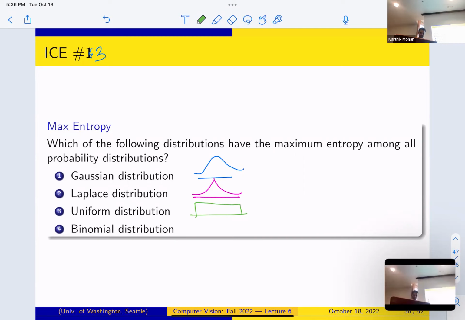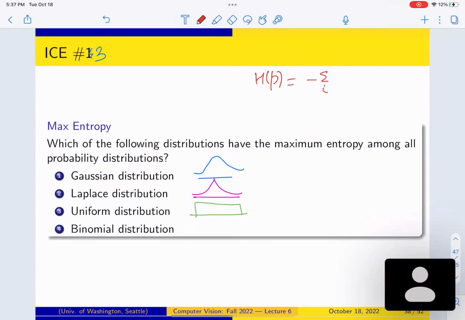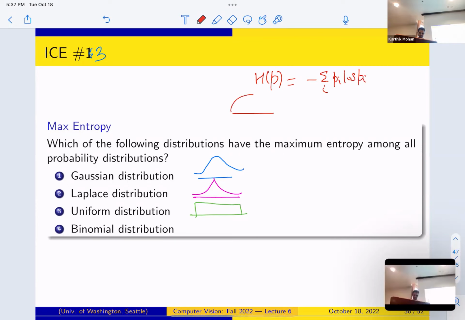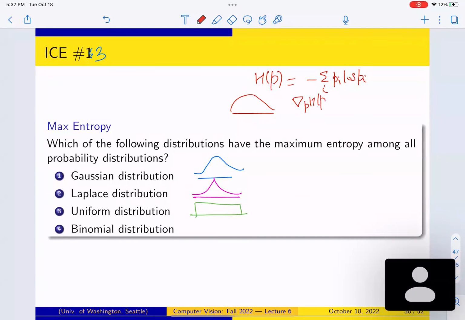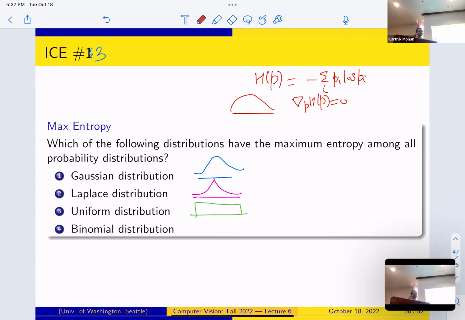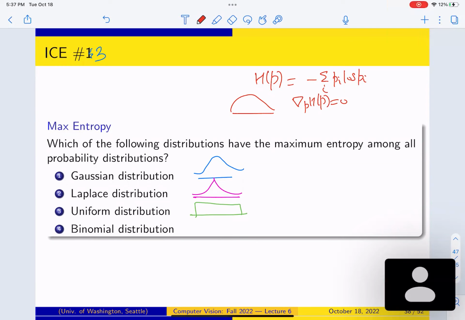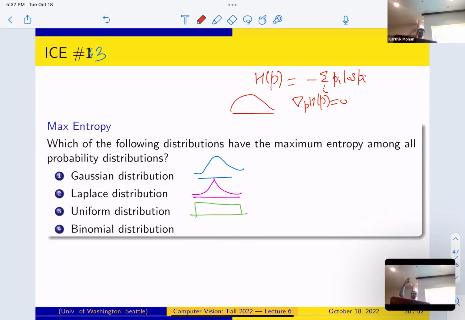I mean, how do you show it? It's actually not too hard. So entropy of a distribution is the summation of P_i log P_i, negated. This is a concave function. So if I take the gradient of this and set it to 0, then the P that satisfies that equation will be the maximum entropy distribution. Right? This is concave. The gradient is 0 at the top.